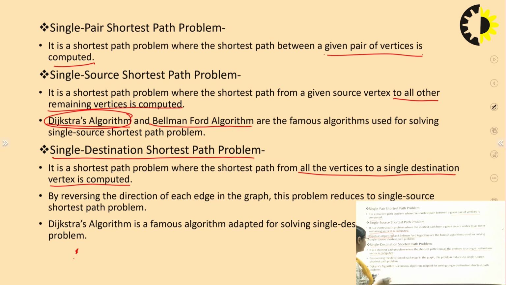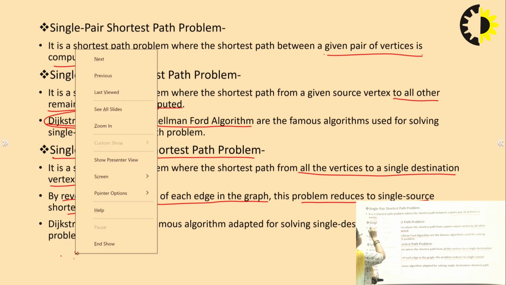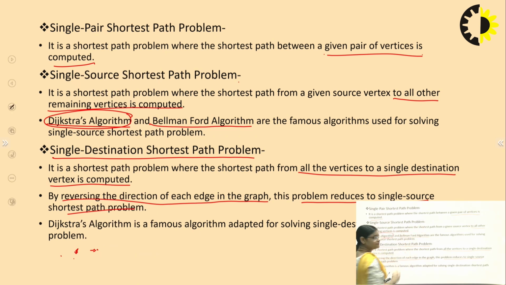Right? Now, by reversing the direction of each edge in the graph, this problem reduces to the single source shortest path. Dijkstra is one of the famous algorithms for solving the single destination shortest path problem, but we are not going to solve Dijkstra by this. We are going to solve Dijkstra by this single source shortest path.